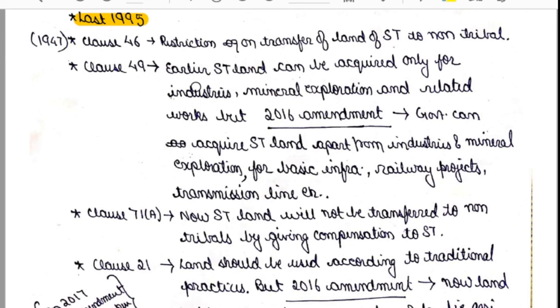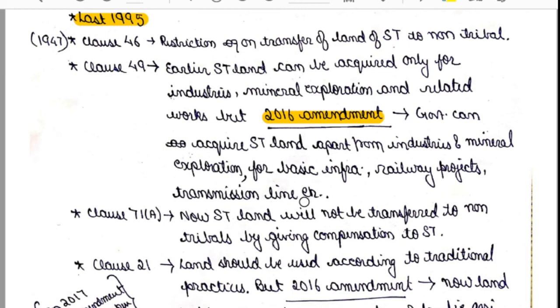Now in clause number 49, it is said that earlier ST land could be acquired only for industries, mineral exploration and related works, but by the 2016 amendment, the government can acquire the ST land, apart from industries and mineral exploration, for basic infrastructure, railway projects, transmission lines, etc. That is, clause number 49 said that ST land can be acquired only for three purposes: industries, mineral exploration and related works.